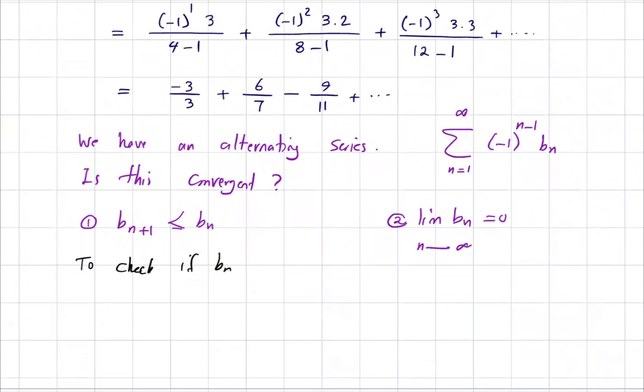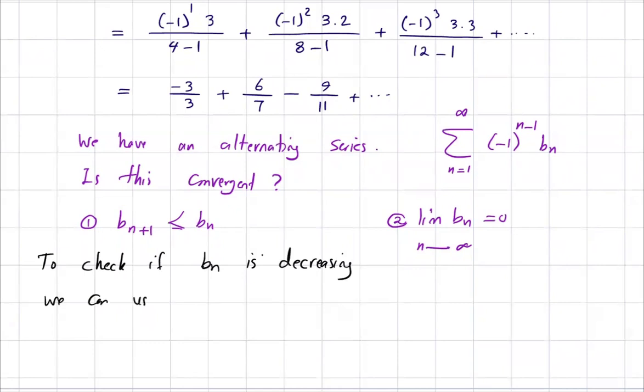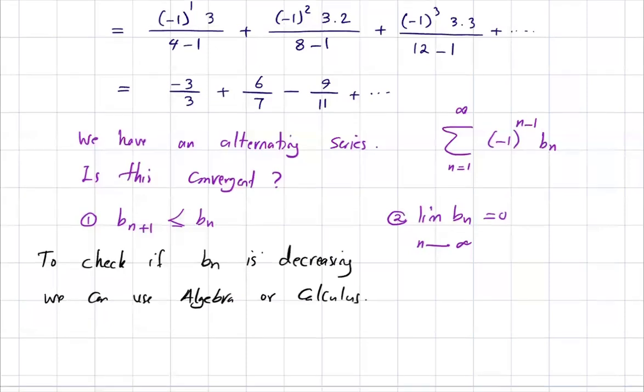To check if bn is decreasing, we can use algebra or calculus, basically the derivative.